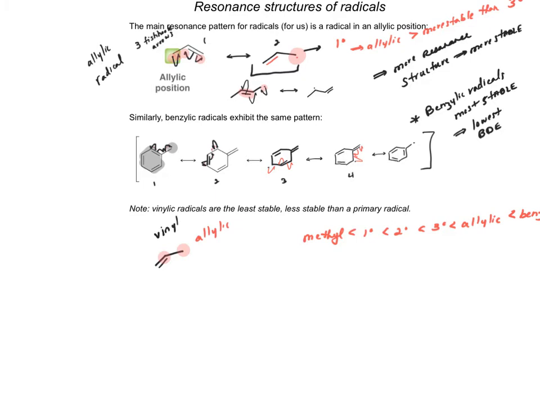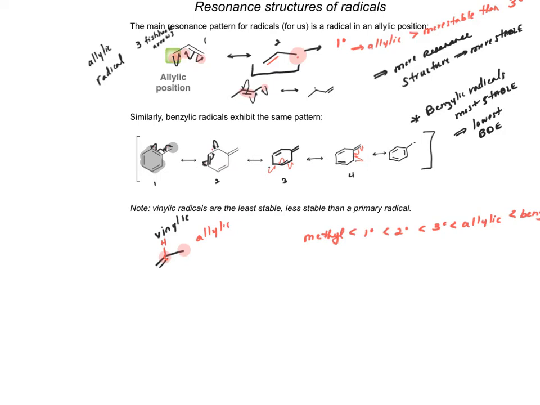If we drew on the implied hydrogen and underwent a homolytic bond cleavage reaction between this carbon and this hydrogen, we would generate a product called the vinylic radical. So this is a vinylic radical.